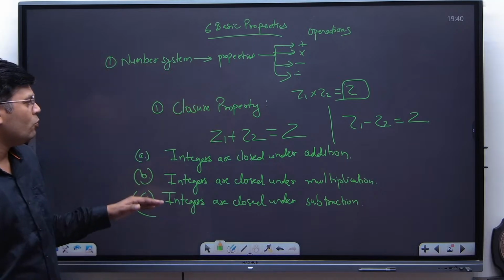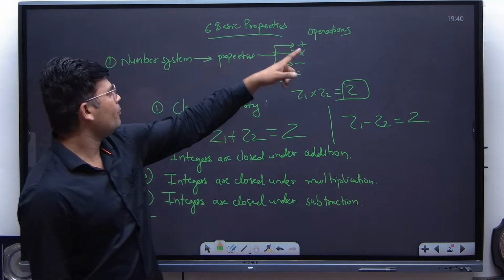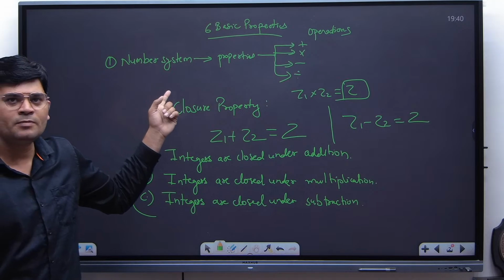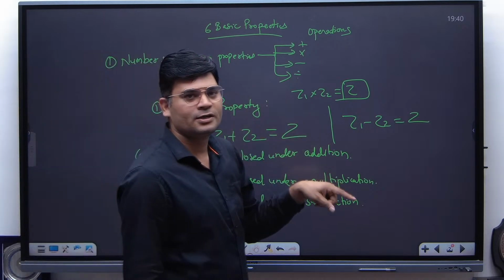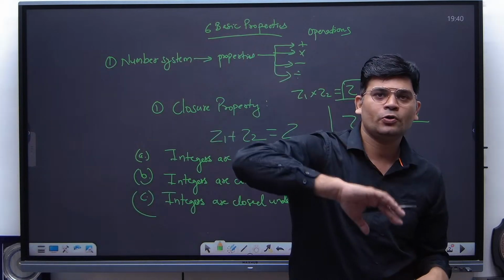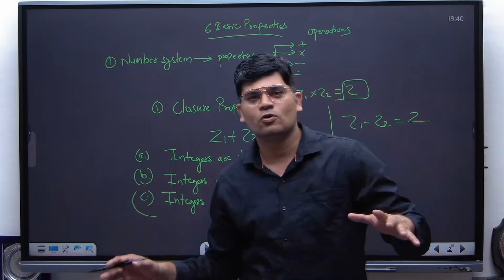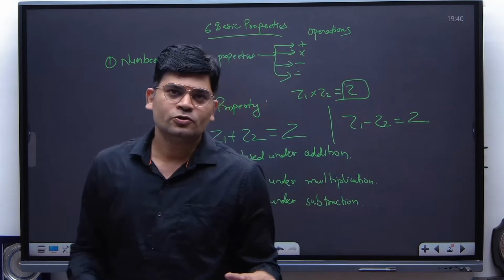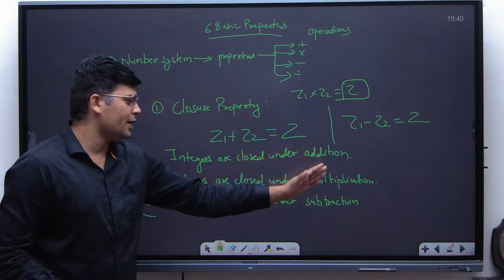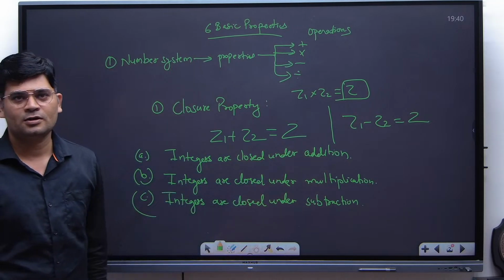Yes, sir. You do an operation on a particular type of number system, and you get the same result. Integers doing an operation, getting an integer, means they are closed, or else they are not closed. So integers are closed under, we can say, addition, multiplication, and subtraction.